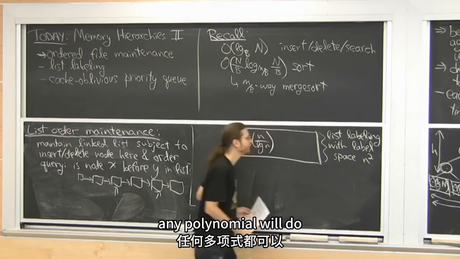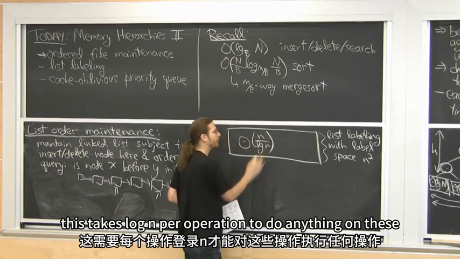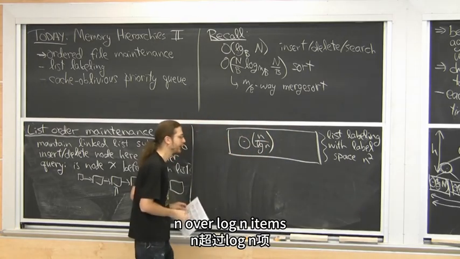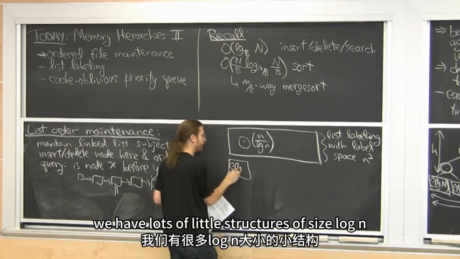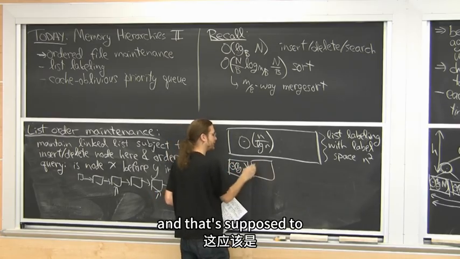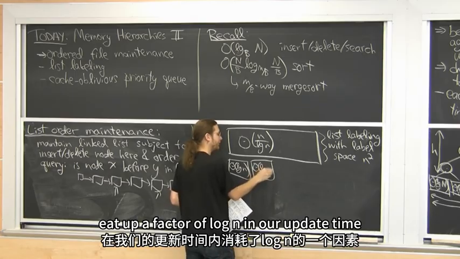Any polynomial will do. And so this takes log n per operation to do anything on these n over log n items. And then at the bottom, we have lots of little structures of size log n. And that's supposed to eat up a factor of log n in our update time, if we do it right.